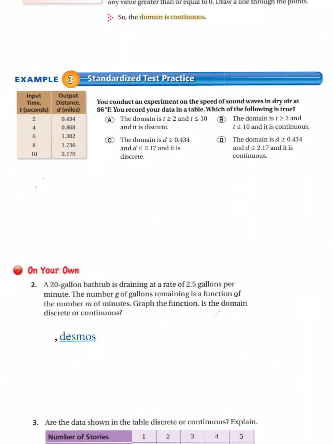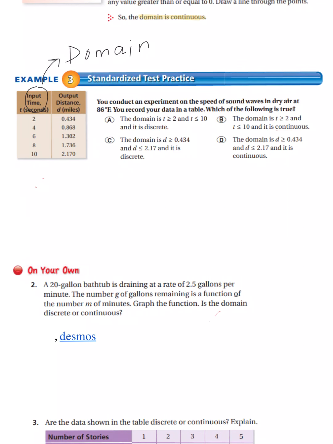On example 3, you conduct an experiment on the speed of sound in dry air at 86 degrees Fahrenheit. You record your data in a table. Which of the following is true? So remember, my input is my domain. I look at my domain here, and I notice that I'm dealing with time in seconds.